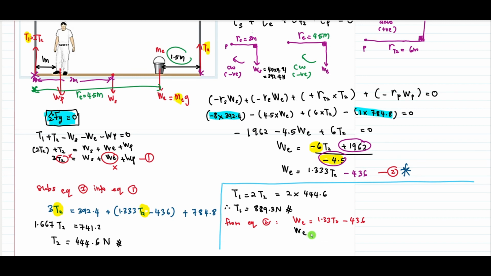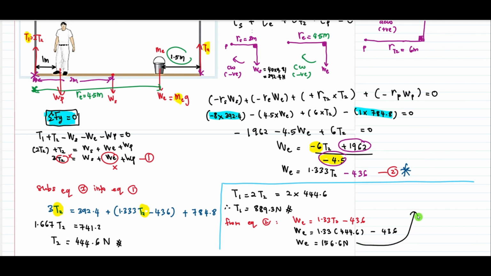Let's first calculate the weight of the equipment: 1.33 T2, which we got earlier as 444.6, minus 436. So the weight of the equipment, this is only the weight, not the mass yet, is 156.6 Newton.